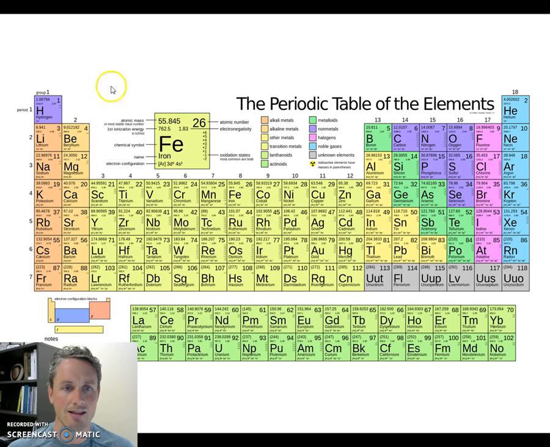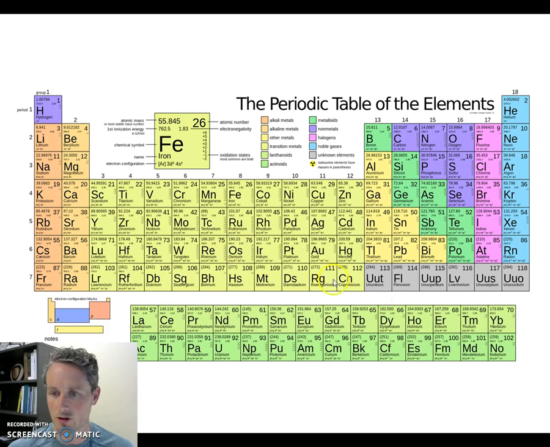I'll remind you that it's these elements, hydrogen, carbon, nitrogen, and oxygen, that we are mostly made out of. So in biology, we're really concerned about these atoms that are near the top of the periodic table. Again, hydrogen, carbon, nitrogen, and oxygen. And in biology, we tend to only talk about these atoms in the top 3 rows of the periodic table.